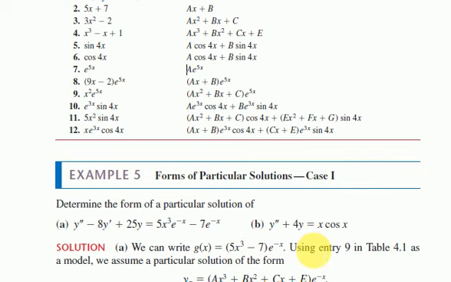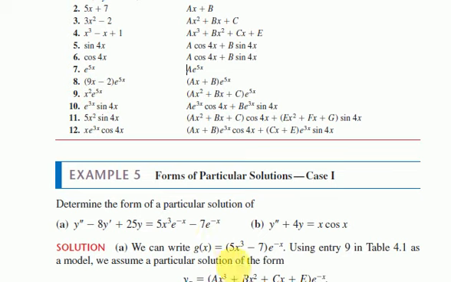It said using entry 9 in the table as a model, we assume a particular solution of this form. What is the ninth entry? X square e raised to power 5x, meaning when we have a product of an x term and an exponential term.